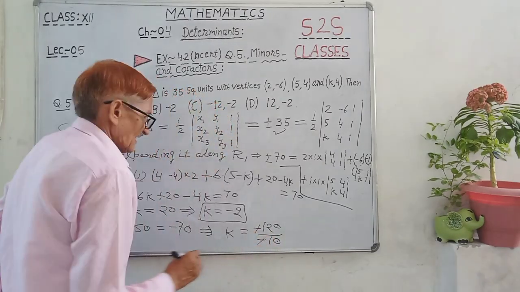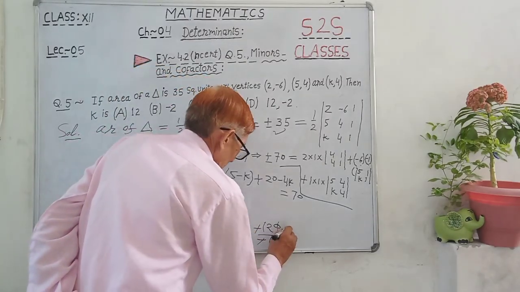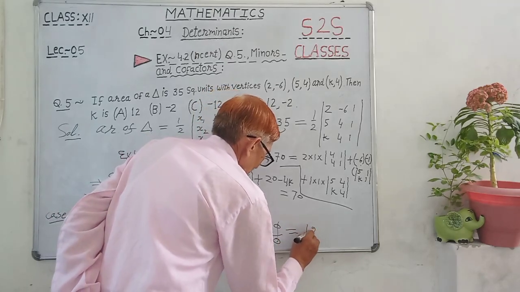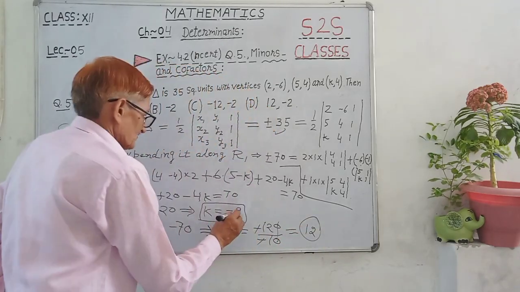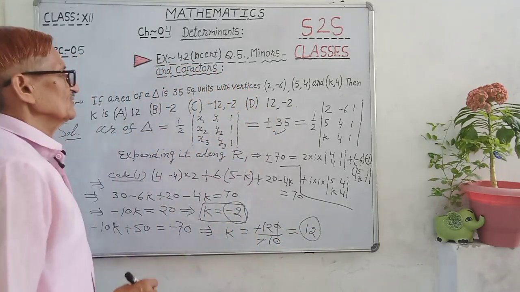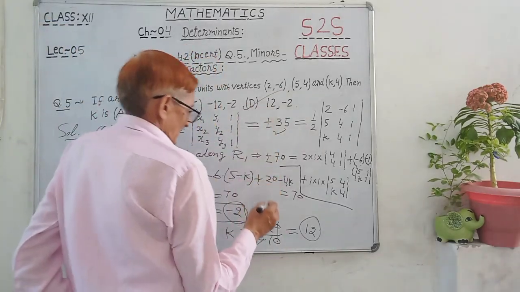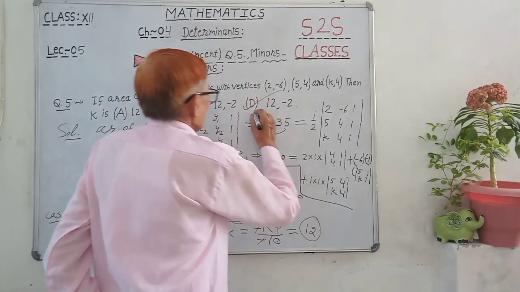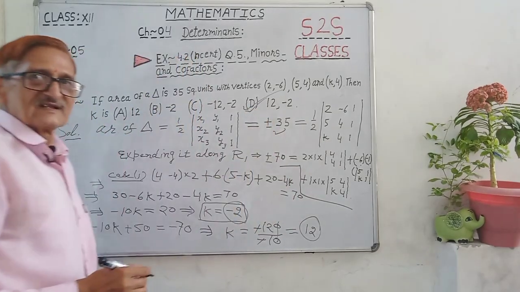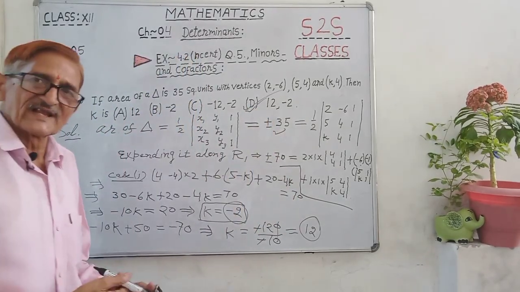Minus minus cancel, then it is 12. So k is 12 and minus 2. So 12 and minus 2, D option is the correct option. Okay, clear? D option is the correct option.